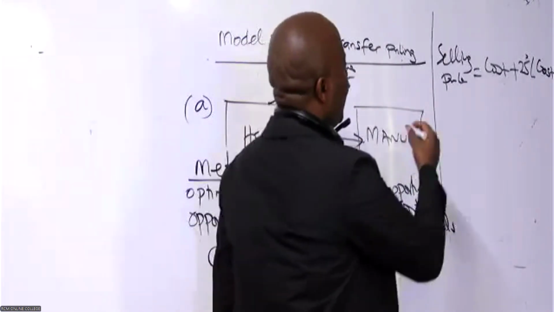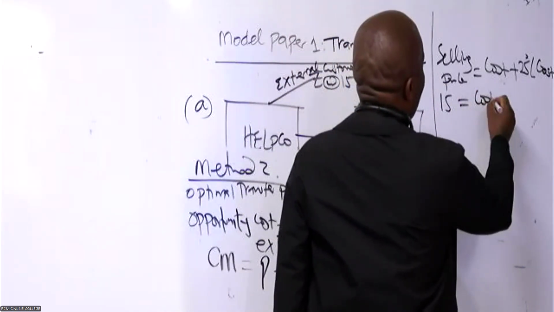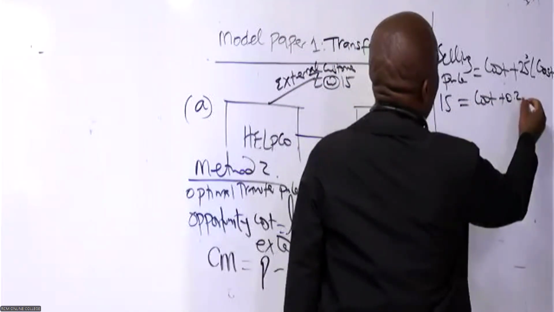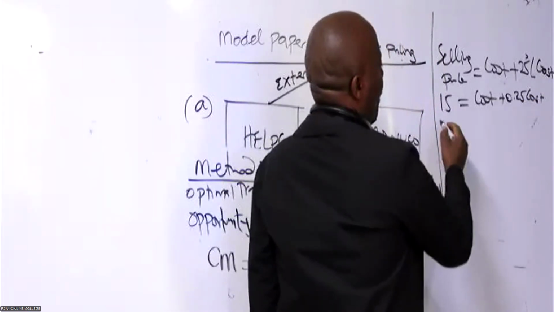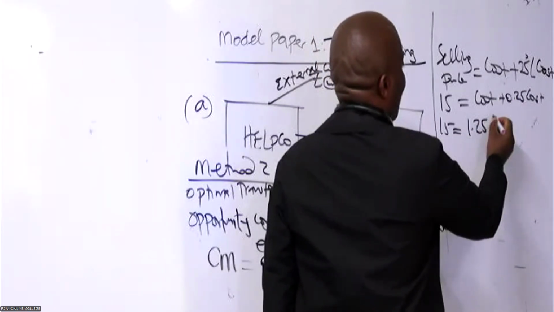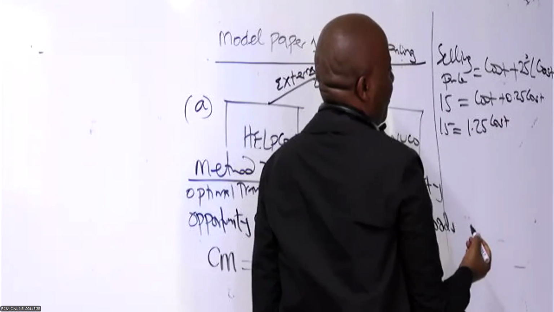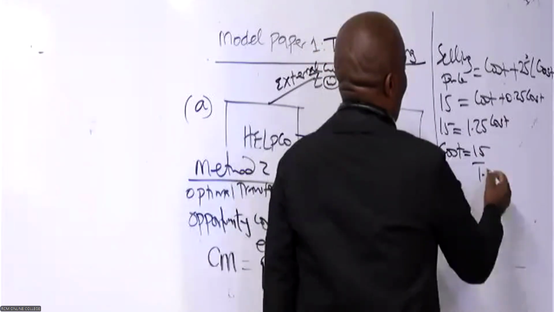The selling price here is 15. So we have cost plus 0.25 cost. So 15 equals cost plus this, it will be 1.25 cost, meaning that cost will be 15 over 1.25.